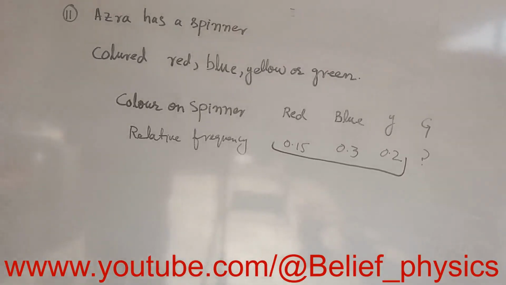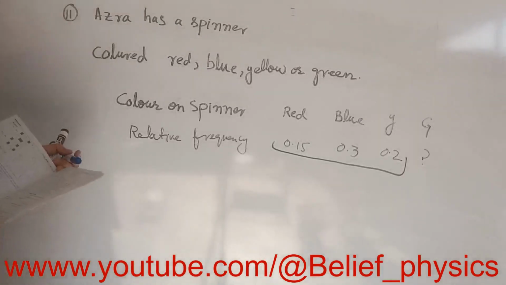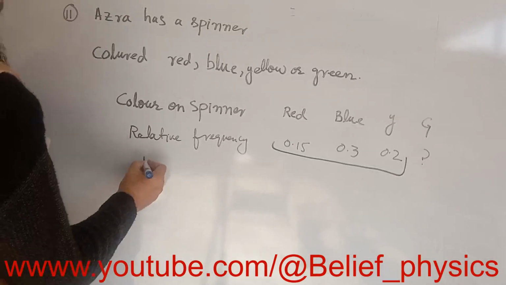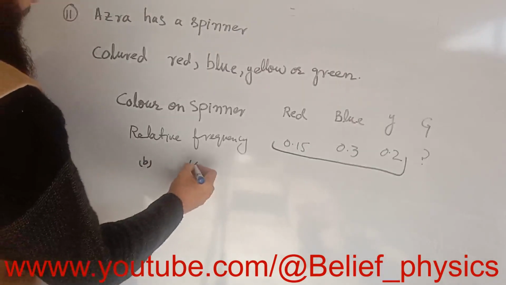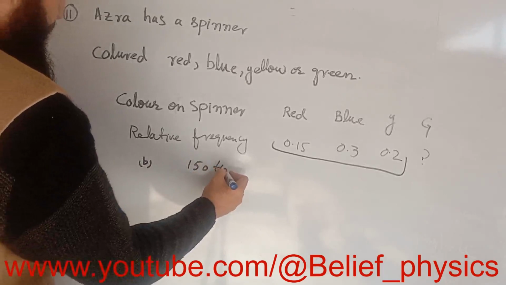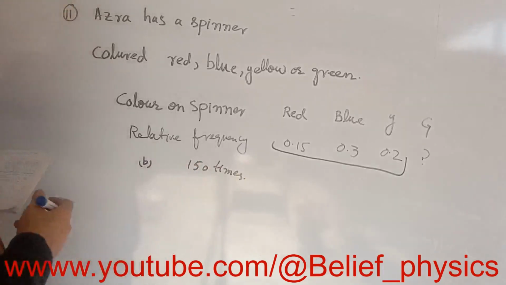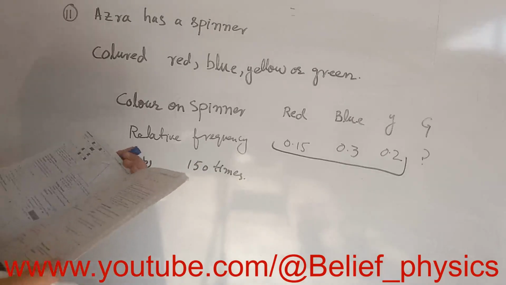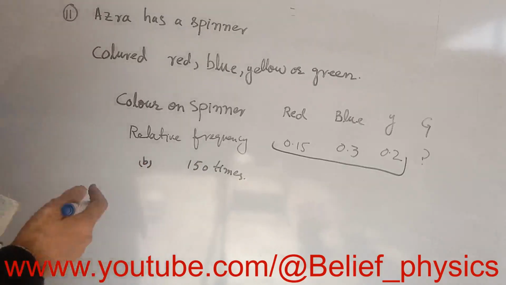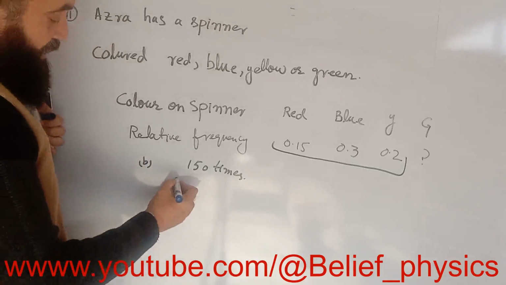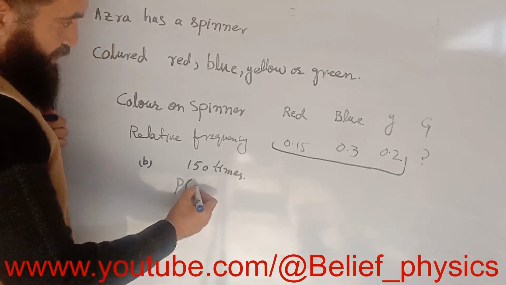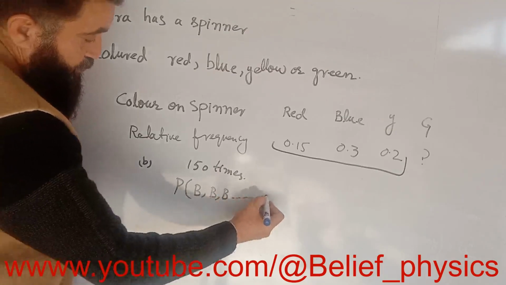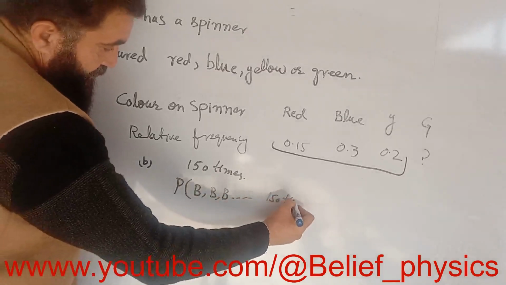Part B is: Azra spins the spinner 150 times. So how many times would she expect the spinner to land on blue? It is the probability of blue, up to 150 times.